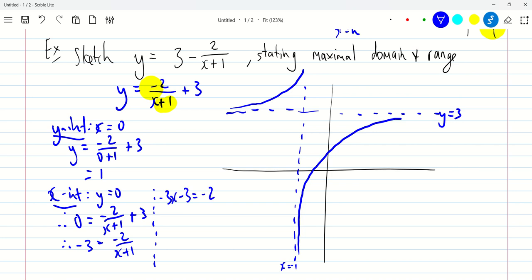I just times both sides by x plus 1. And negative 3x, add 3 to both sides is 1. Therefore, x is equal to negative 1/3. Okay, so that just helps me out a bit there. I know that my y-intercept is 1, and my x-intercept there is negative 1/3. And that's my sketch for y equals 3 minus 2 over x plus 1.